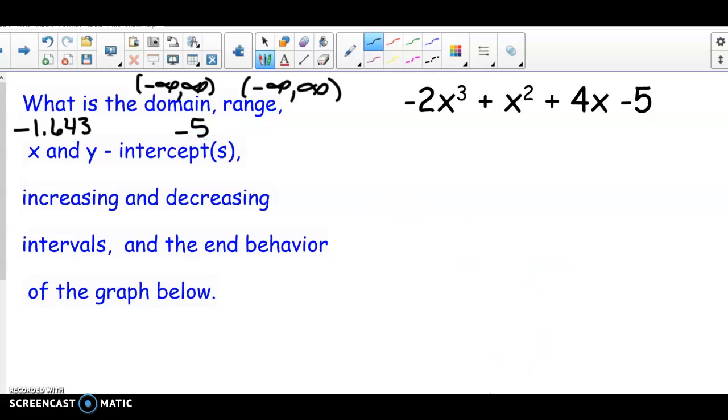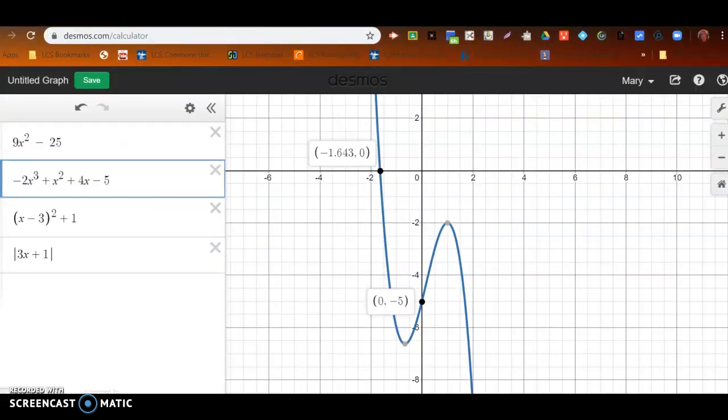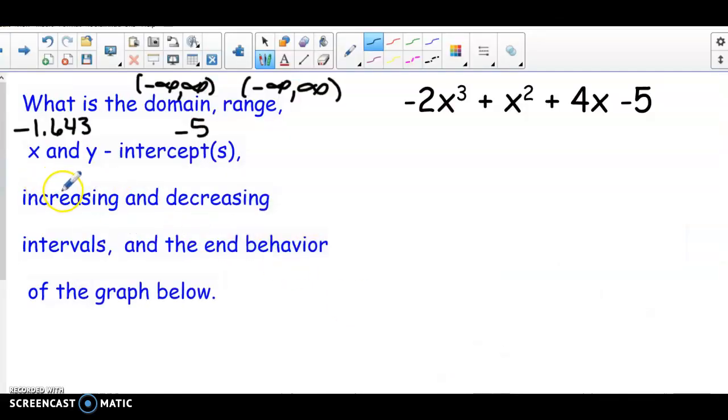Increasing and decreasing intervals, if we look at that, it decreases until it gets to this point here. And remember again, we're only looking at our x values when we talk about increasing and decreasing. So this is the same thing as negative 0.6 repeating, or negative 2/3, whichever way you want to write that. So for decreasing, it goes from negative infinity until it gets to negative 0.6 repeating, and it includes that.